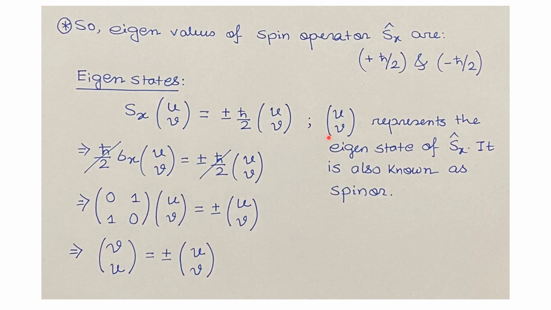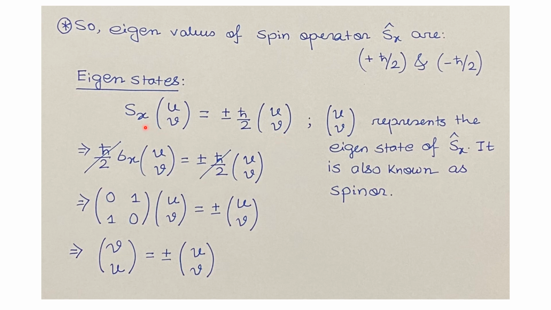Let us consider (u, v) represents the eigenstate of Sx cap. So it is also known as spinor. To find the eigenstates, we will consider this Sx operator times the eigenstate (u, v) equals the eigenvalue, that is plus minus ħ/2, times the spinor or the eigenstate (u, v).